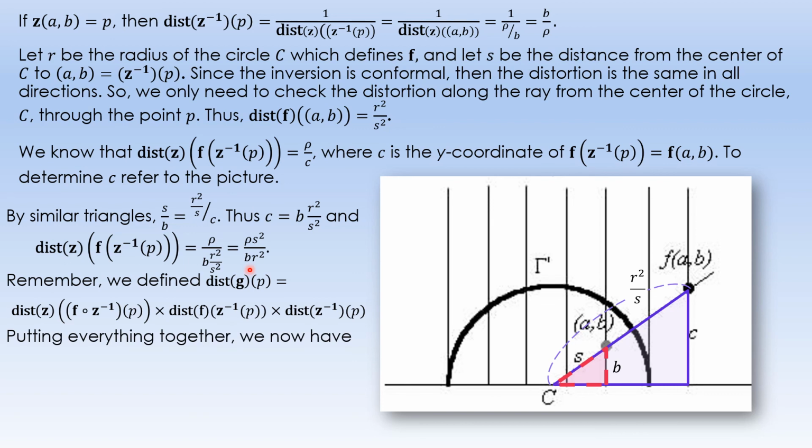If we put this all together, plugging into this formula, we have the distortion of g at P equal to 1 after simplifying.